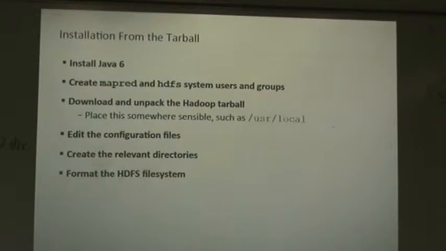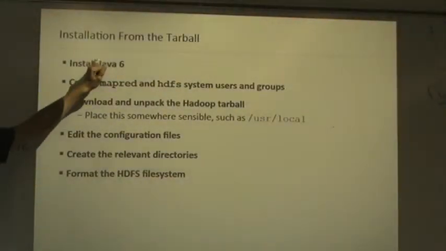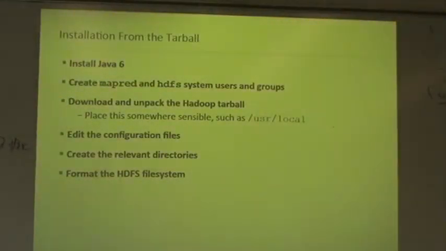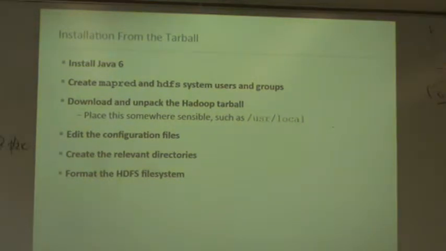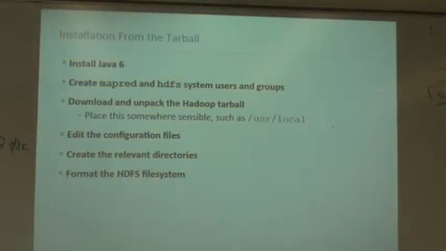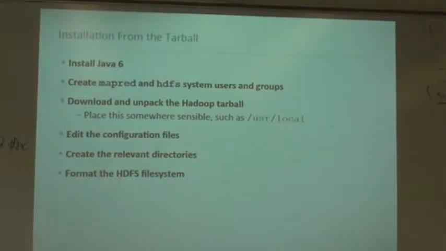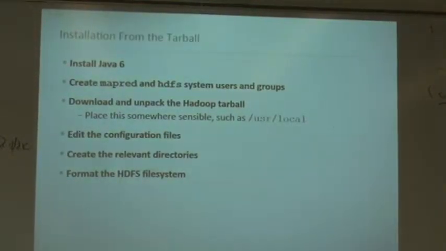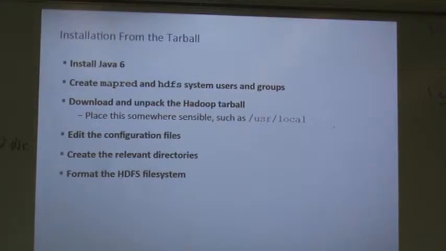So also you definitely need Java 1.6, Java 6. Do we have to install the whole Hadoop system on each node? I recommend that, but do not configure all of them. So for example, you have 20 nodes.